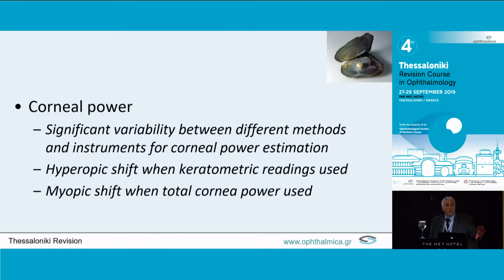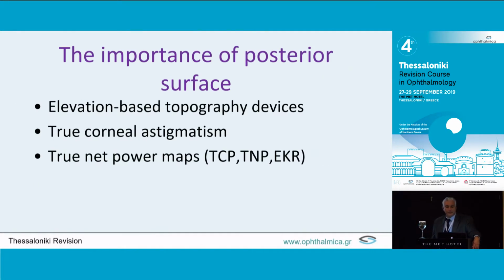Usually, if you follow one of these methods and do not include the posterior surface, you're going to end up with a hyperopic shift, and that is a bit of a problem. Try to aim for the myopic shift, because that will be easier to correct later, either with excimer laser or with contact lenses. And I cannot stress more the importance of the posterior surface.